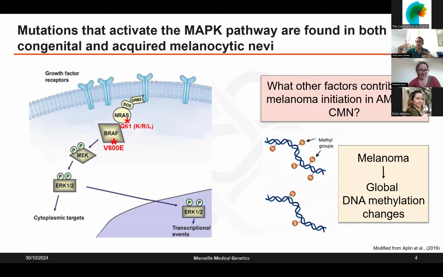DNA methylation is basically, as you know, the addition of a methyl group to the cytosine in the DNA. Recent studies have focused on melanoma initiation from acquired melanocytic nevi. However, there is a gap in our knowledge regarding melanoma initiation and progression from congenital melanocytic nevi.